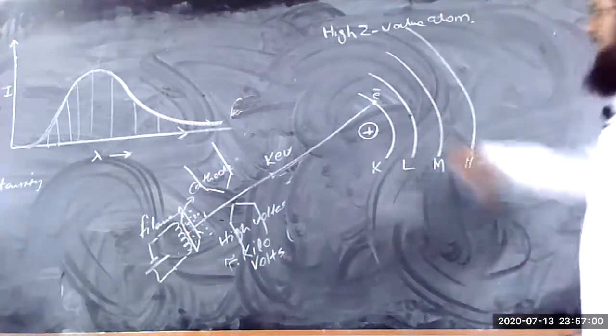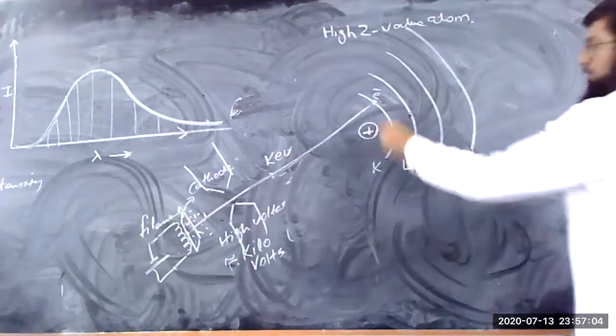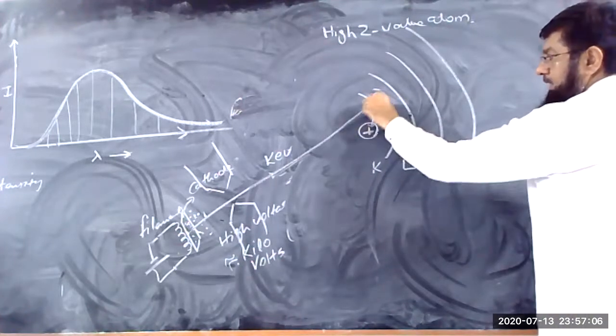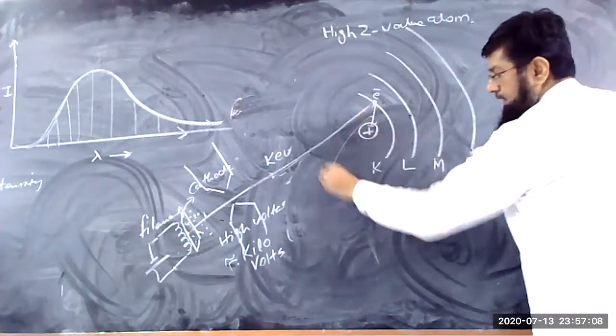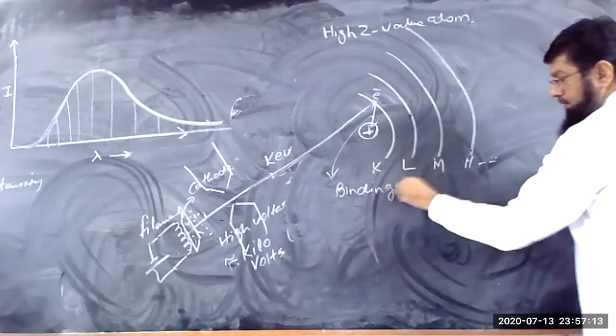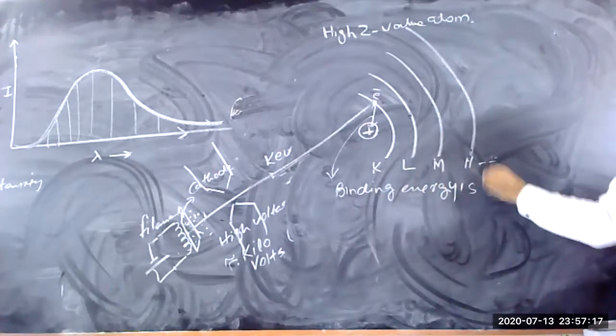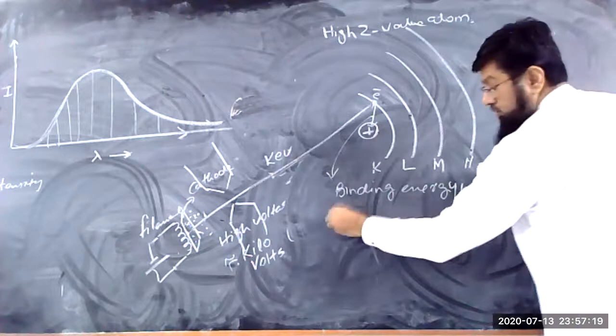In this high Z value atom, the binding energy of the K shell electron with the nucleus is in kilo electron volts.